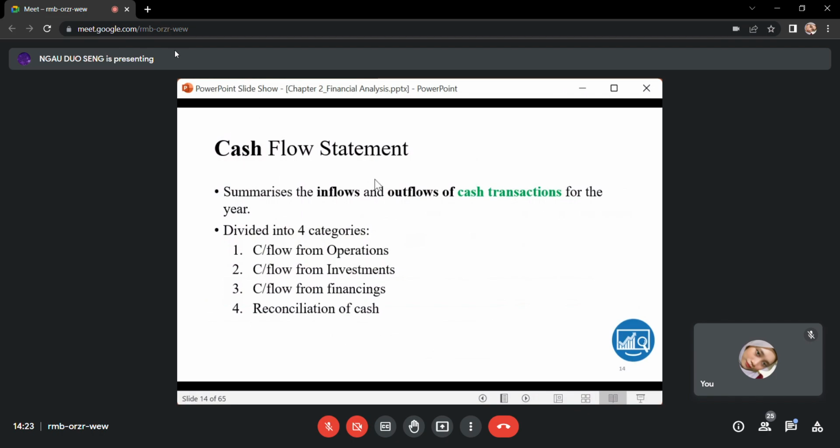In this statement, they only record cash transactions. They are divided into 4 categories: cash flow from operation, cash flow from investment, cash flow from financing, and number 4, reconciliation of cash. So this is the most important of the 4 statements for investors to do analysis on this financial statement.